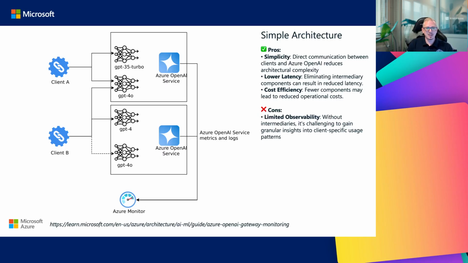Because it's direct communication from client A through to Azure OpenAI, the only information that you get out of it is what is lit up through Azure Monitor. So there's nothing in between. It's difficult to get the kind of insights into usage patterns or to audit particular incidents when there's nothing else there that is going to give you that capability to capture that.